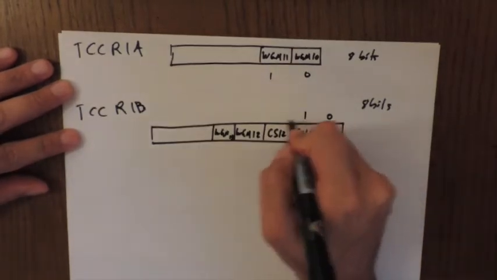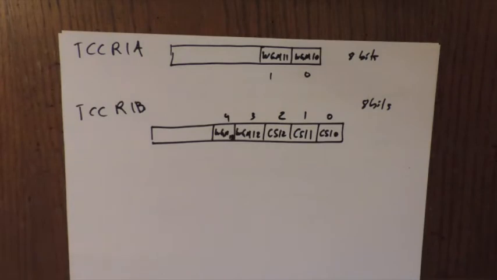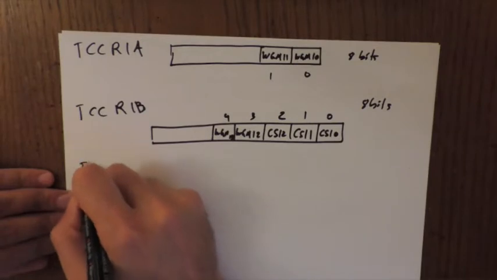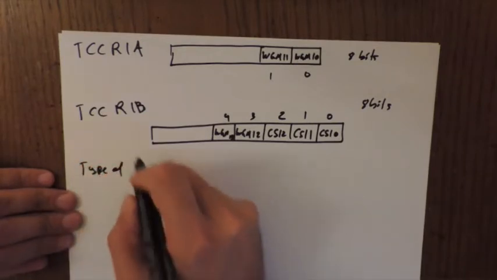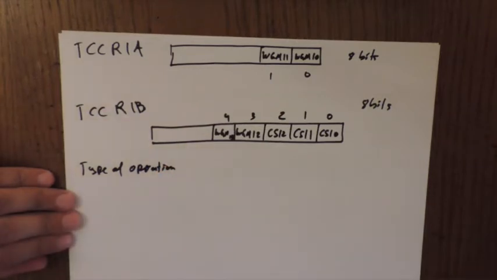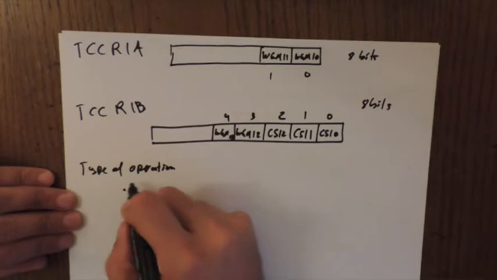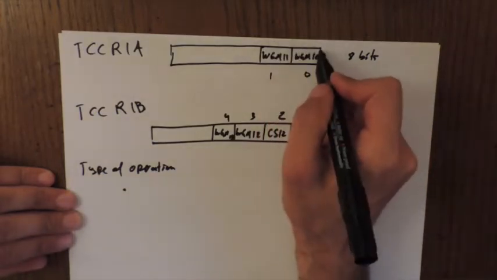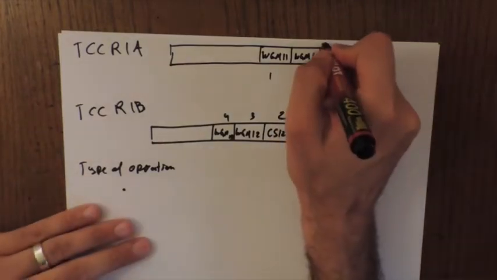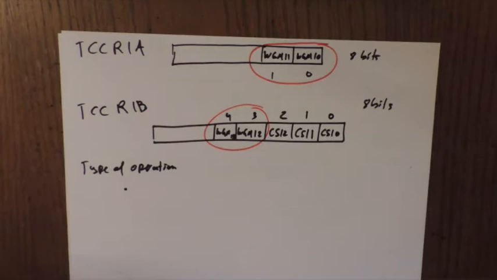So what do these bits mean? For the type of operations that we're going to use, we're going to use a combination of these 4 bits, WGM13 to WGM10.